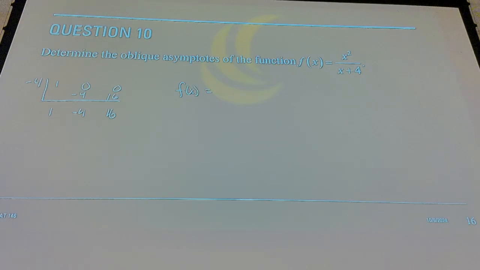This allows us to rewrite the function as x minus 4 plus 16 over x plus 4.